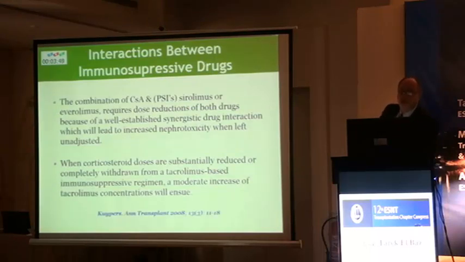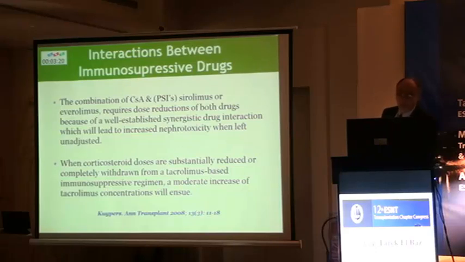Also, the combination of cyclosporin and mTOR inhibitors, whether sirolimus or everolimus, requires dose adjustment and reductions of both drugs, because both drugs are definitely nephrotoxic. Before we thought that mTOR inhibitors are not nephrotoxic, now we are sure and we know. And when corticosteroid doses also are substantially reduced during your follow-up of patients, you have to watch again for your other immunosuppression.